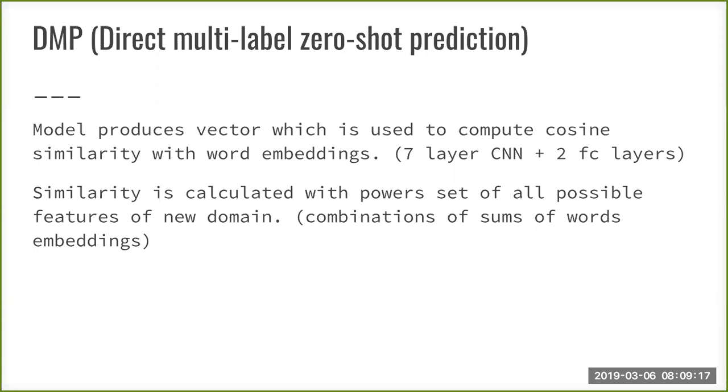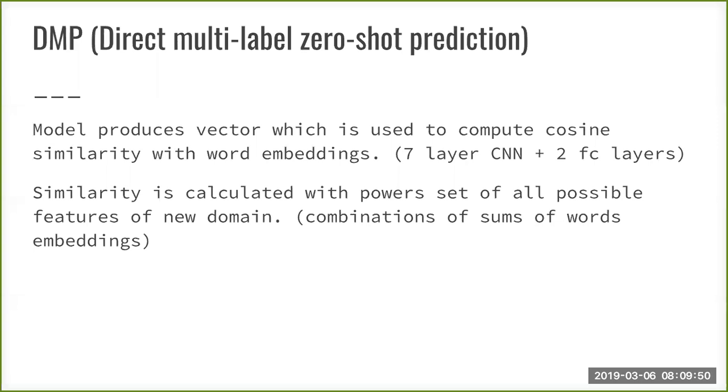So at first you would decide on which kind of labels you're interested in to do your zero-shot learning on. So you would define a set of those unseen labels, and then you would calculate all the possible combinations of those labels by just summing them, since they use word embeddings.